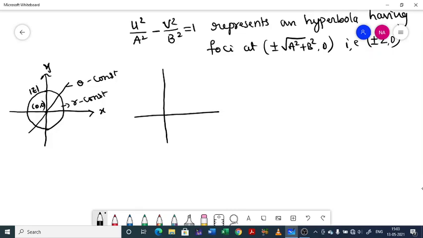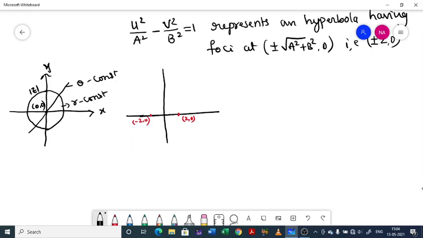And now the geometrical shape corresponding to r constant will be mapped onto an ellipse, and geometrical shape corresponding to theta constant will be mapped onto a hyperbola. See, both hyperbola and ellipse have the same foci here and here. This will be plus 2 comma 0, and this will be minus 2 comma 0. Now let us draw the image of this circle.